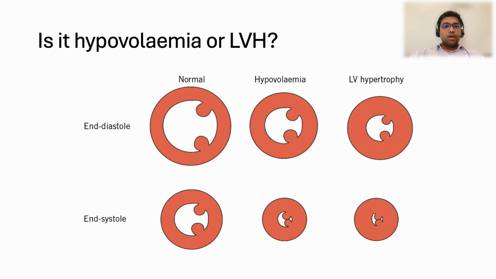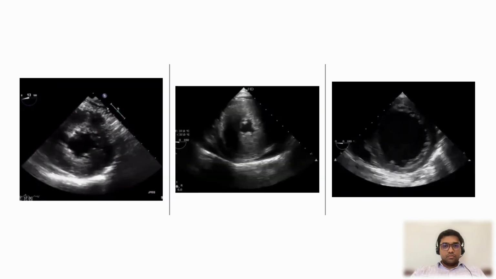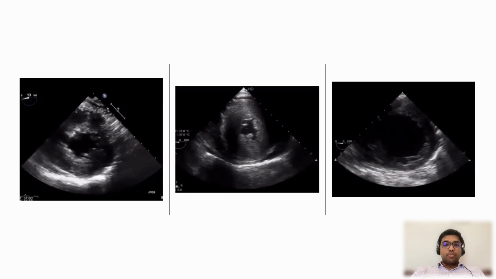Now, in this example, how will you identify which one is hypovolemia and which one is LVH? You can see that in LV hypertrophy, your internal diameters are also diminished, just like in hypovolemic patients, but you can distinguish by your wall thickness. In this three video loop, this is your normal LV, this is concentric hypertrophy, and this is eccentric hypertrophy.